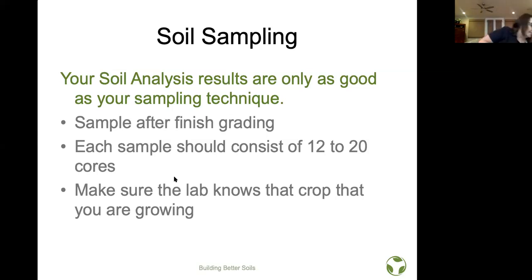I always take my sample midway between the tree and the irrigation emitter, and take at least 15 core samples, taking off the top inch, because that's usually where the mulch is.